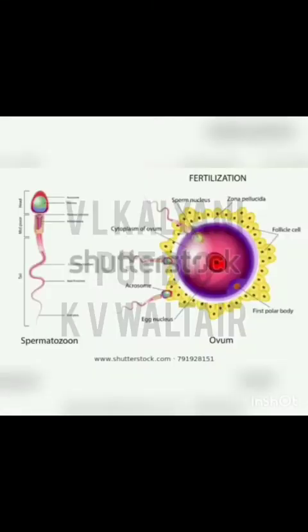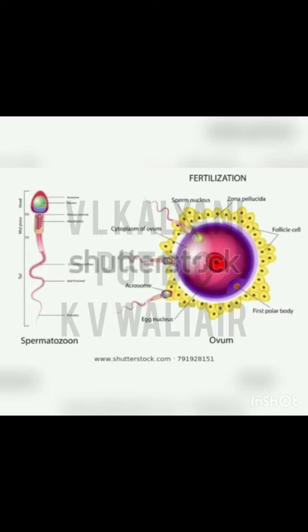Now the next part: the sperm has reached there and the egg has also reached the same point. How do they fuse? Children, the ovum, the egg, has an outer membrane called the zona pellucida.